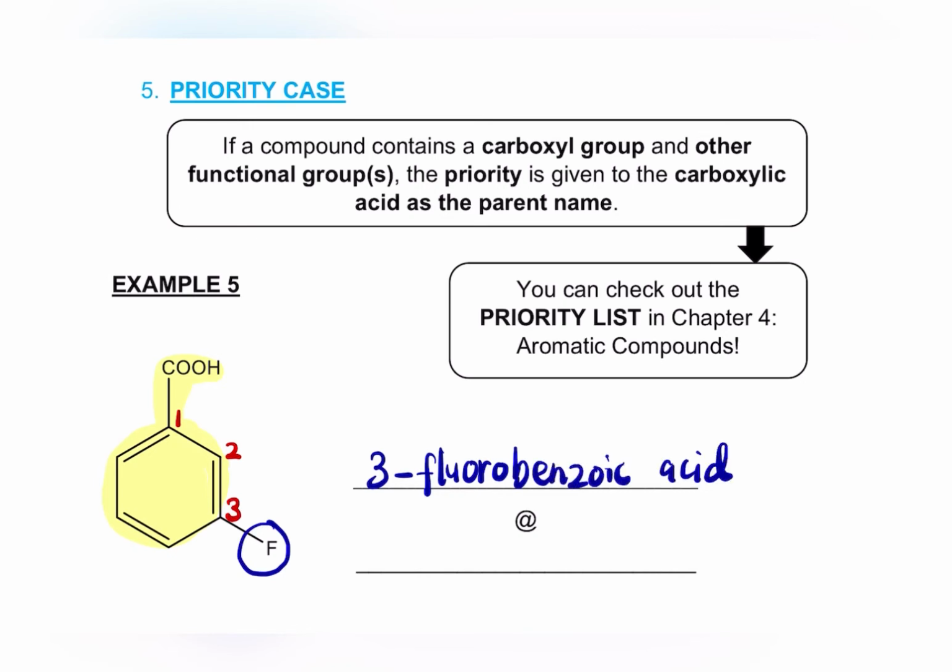However, if you realize this is aromatic compounds as well, you can also use ortho-meta-para system if you want to give the numbering for your prefix of substituents. For example, in this case, you have position 1 and 3, you have 2 substituents, so this is for di-substituted benzene.